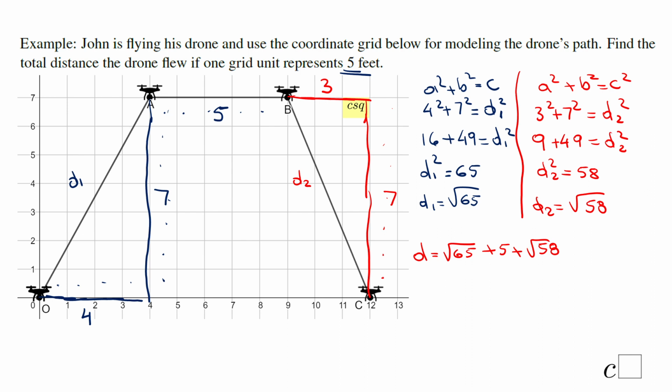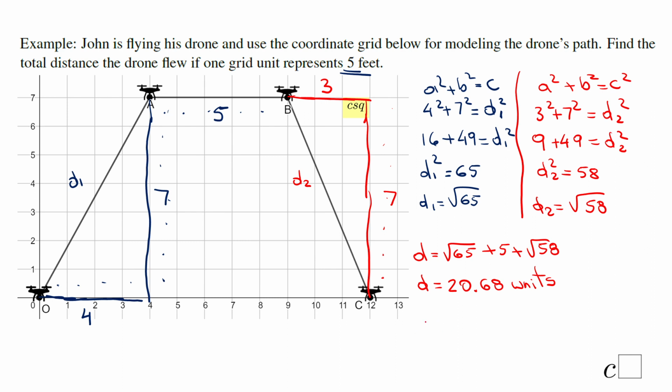Okay, so I'm gonna put it in the calculator now. And I end up with 20.68. I will round it to the nearest hundredth. 20.68 is the distance the drone is flying, but this is in units.